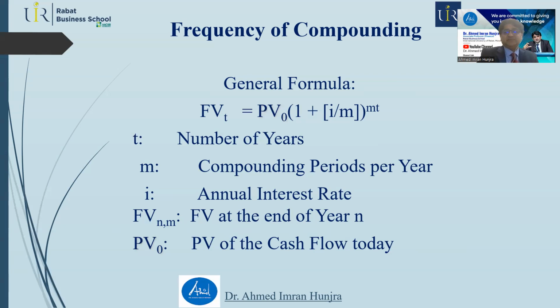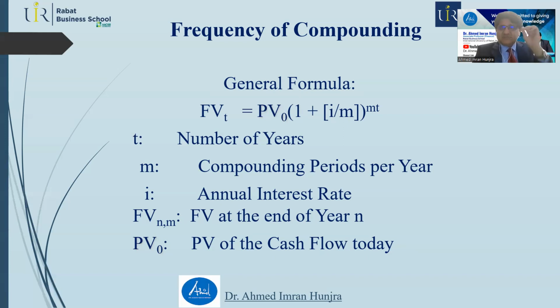If it's less than annual, for example, semi-annually means twice in a year, quarterly means 4 times in a year, bi-monthly means 6 times in a year, monthly means 12 times in a year, weekly means 52 times in a year, and daily means 365 times in a year.